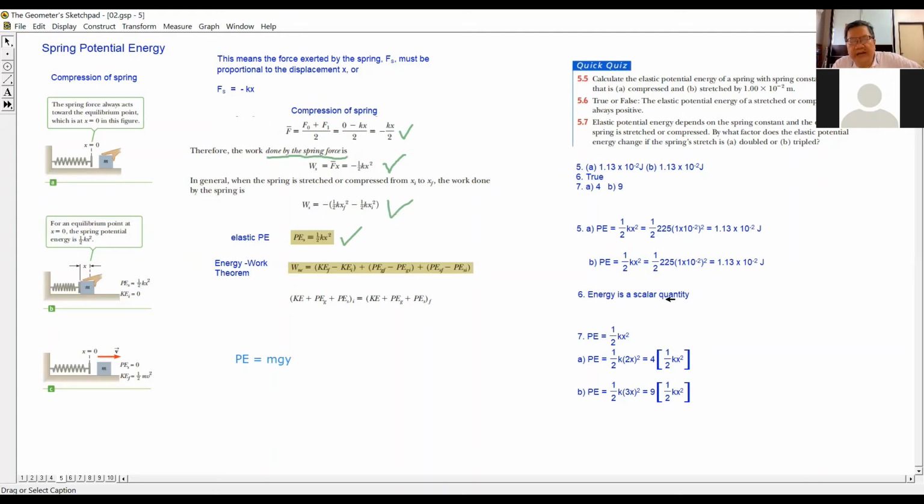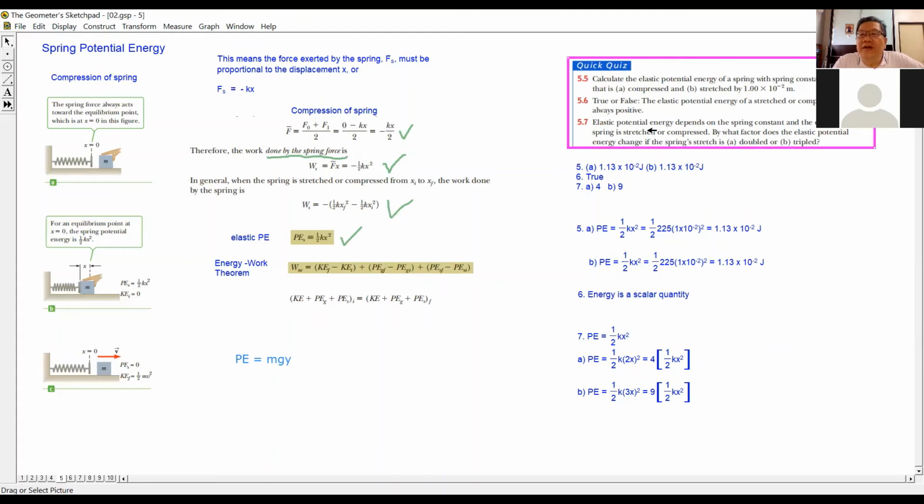Energy has no direction. There's no such thing as I put in the energy from the left, I put in energy from the right. No such thing, right? Energy is just a scalar quantity. Okay, so that's true.